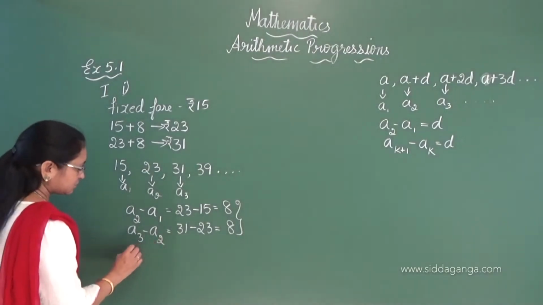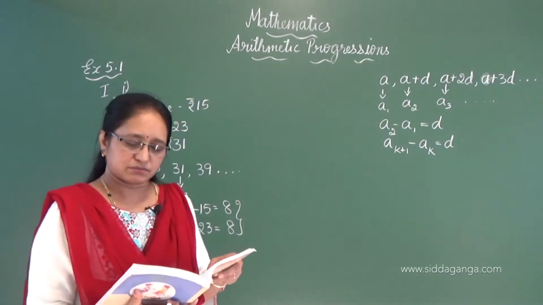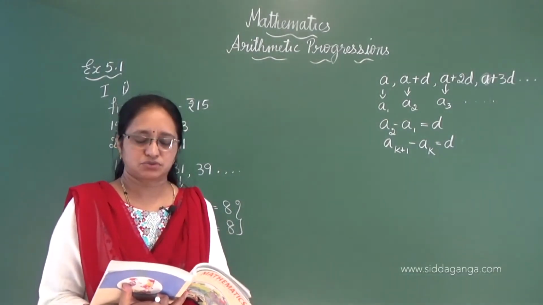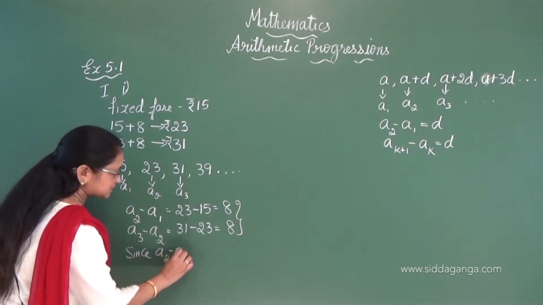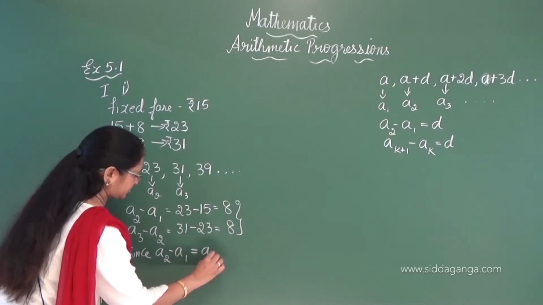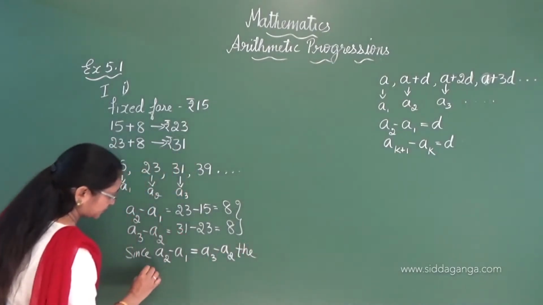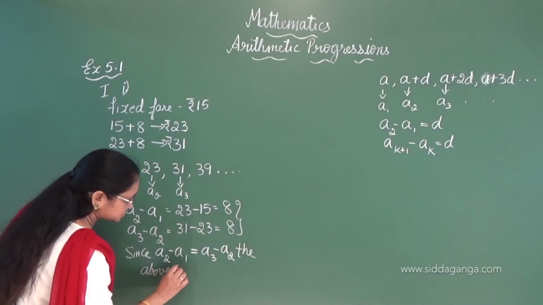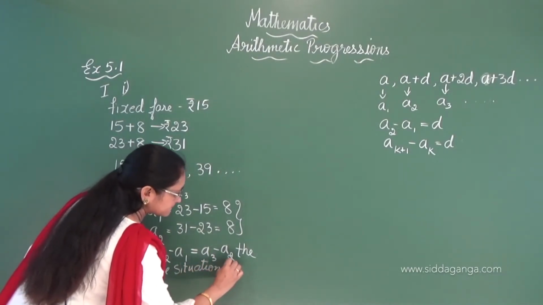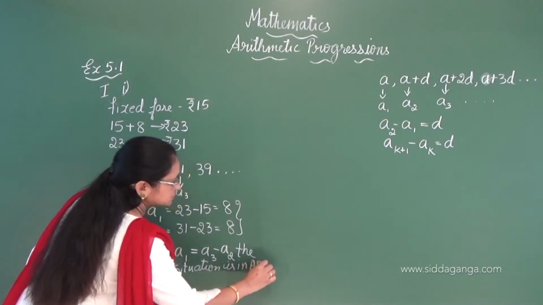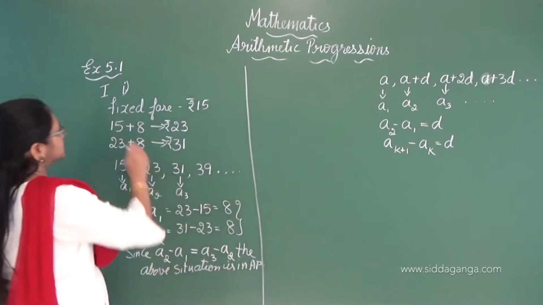So, conclusion: they have asked you to explain why, so for that you should write, since A2 minus A1 is equal to A3 minus A2, the above situation is in AP. This is the way you have to write it. So we finished the first one.